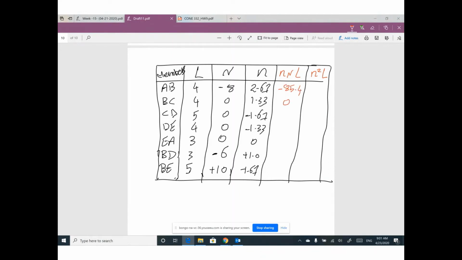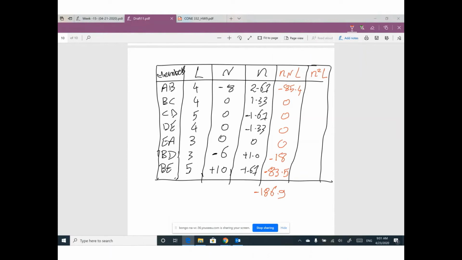This one will be 0, 0, 0. 3 times negative 6 times 1 equals negative 18. The last one, 5 times 10 times negative 1.67. Don't forget any sign. It will be negative 83.5. So the summation for all of this will be negative 186.9.